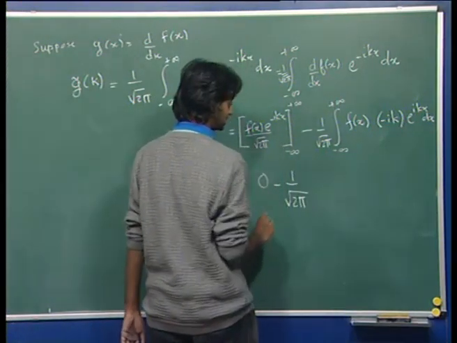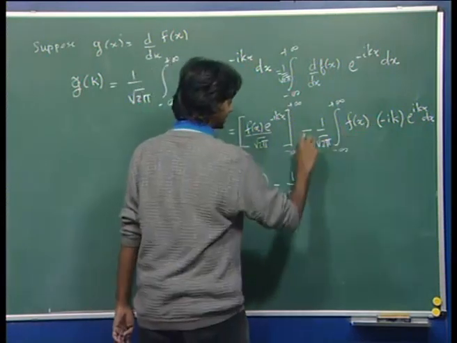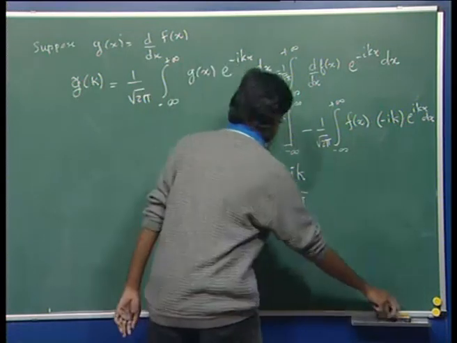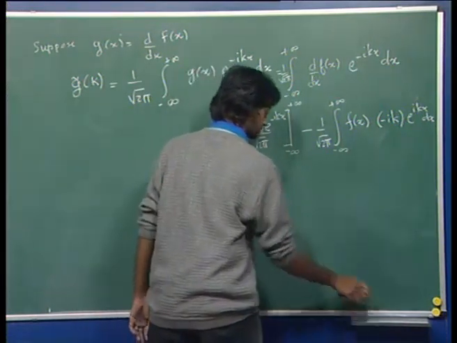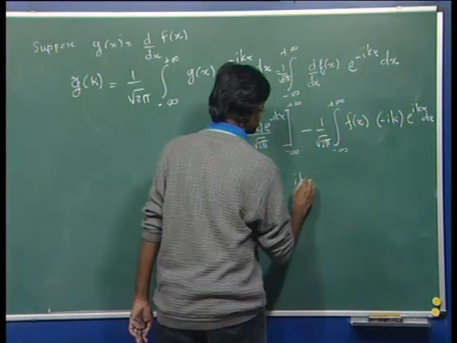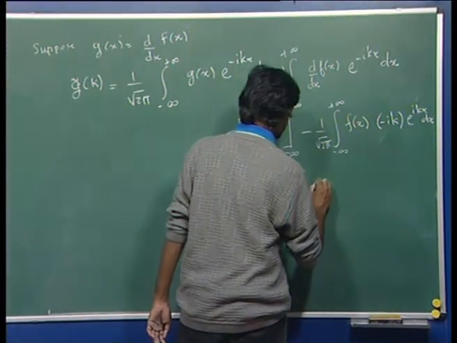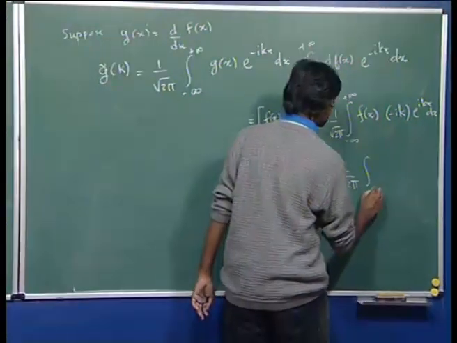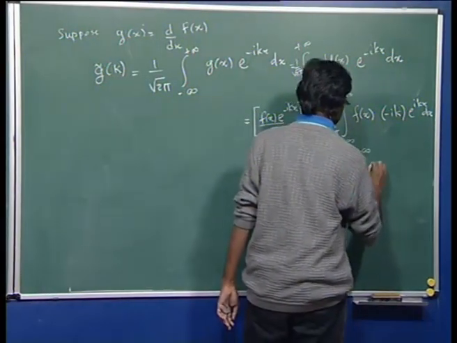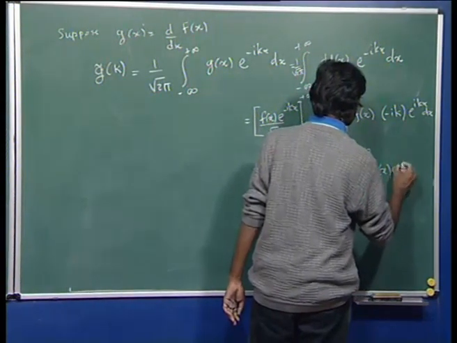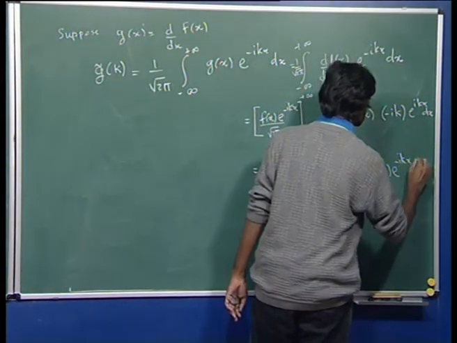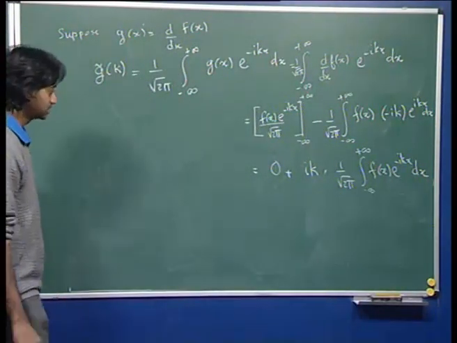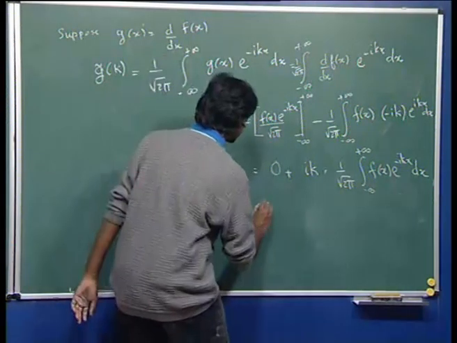root 2 pi, and I will take this minus i k outside. So, I will write plus i k times the integral of f of x e to the minus i k x dx.